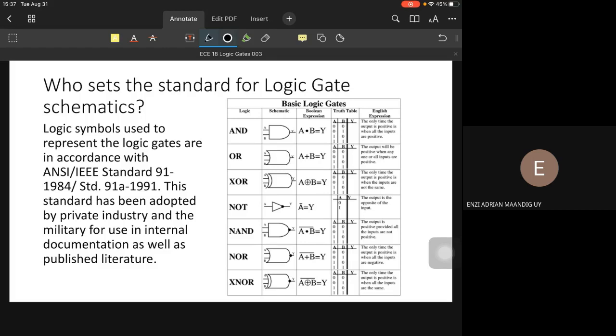The other two are not commonly used because they are complex, though they may be used in other, more complex circuits. But for basic circuits, only these 5 are commonly used. So the logic gates I'm talking about are the AND gate, OR gate, XOR gate, NOT gate, NAND gate, NOR gate, and XNOR gate.